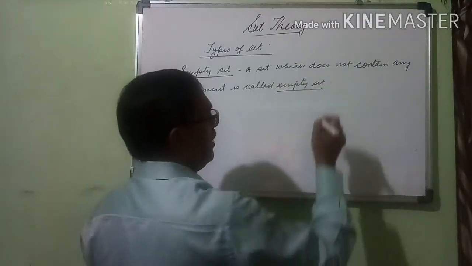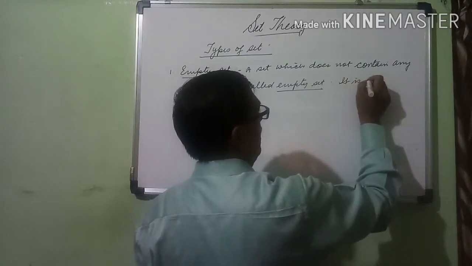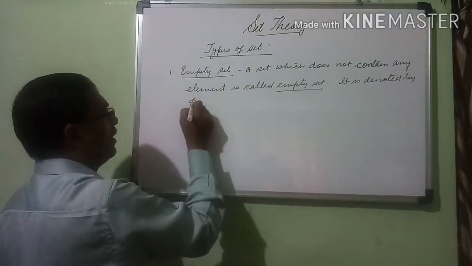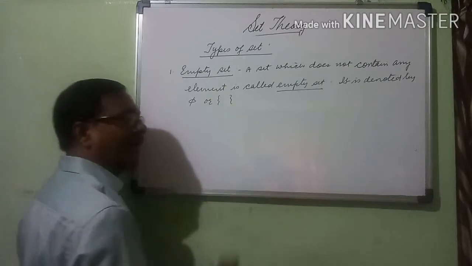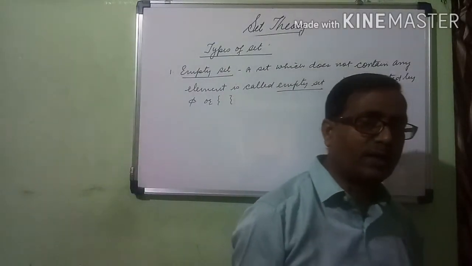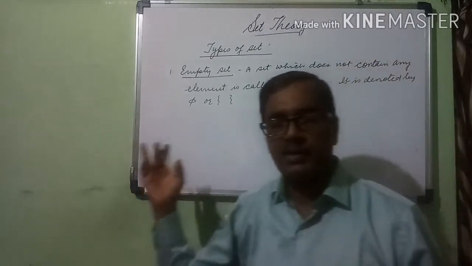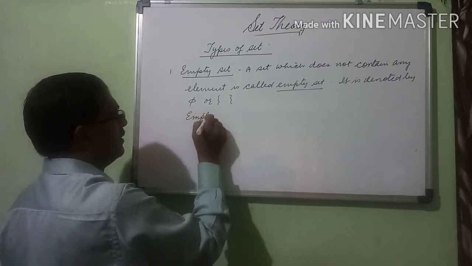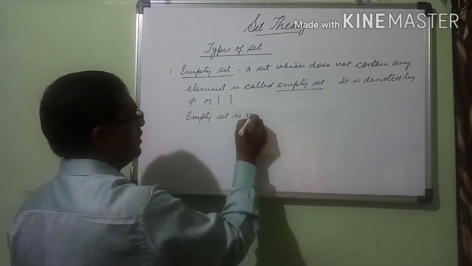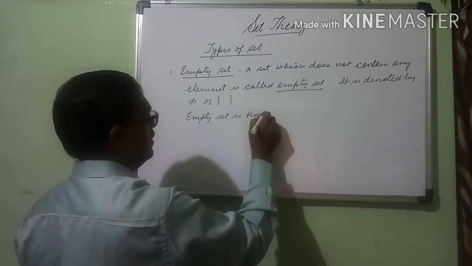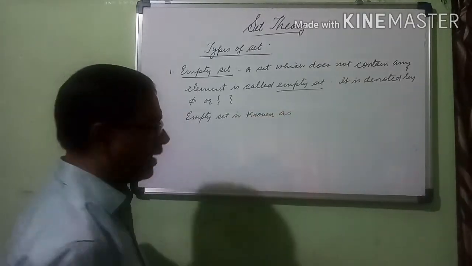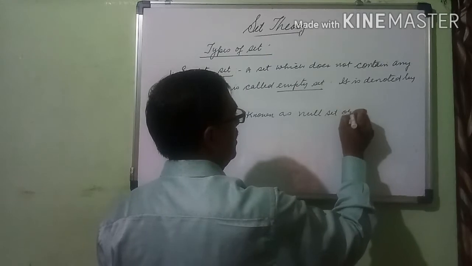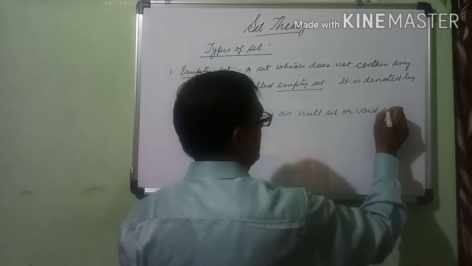This empty set is denoted by phi or blank curly brackets. Do you know another name of the empty set? It is also known as null set or void set.